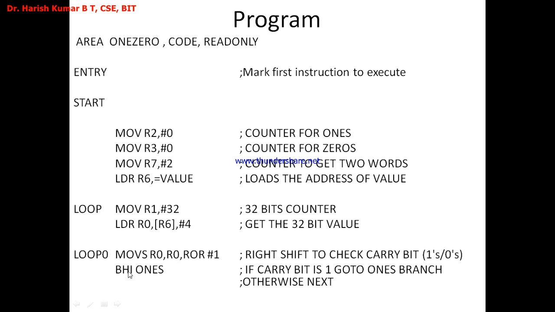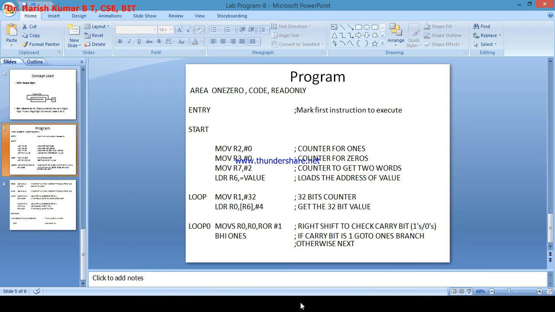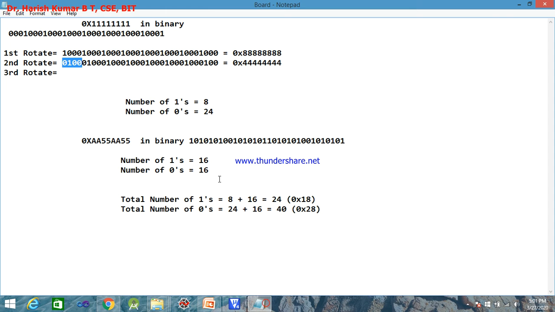Loop 0 is here, it comes here, and again it will rotate one more time, and the next time obviously what goes to the carry flag is 0. When you are rotating it for the first time, what goes to the carry flag is 1.